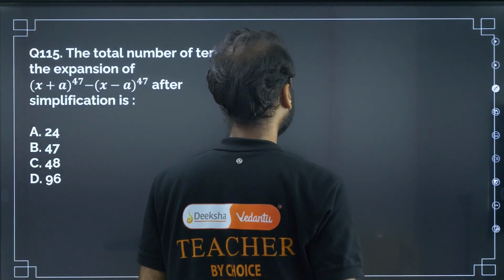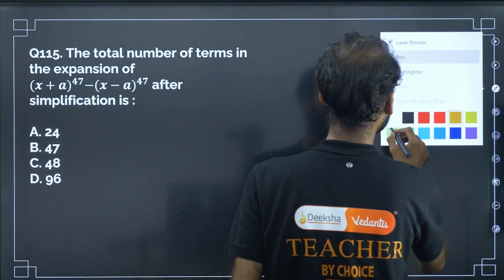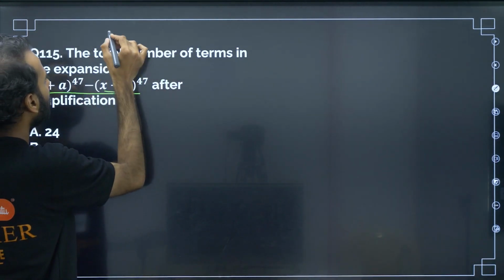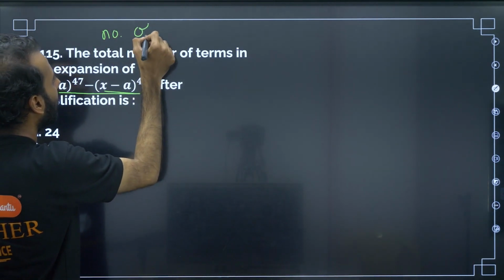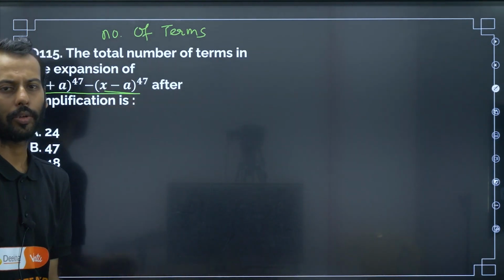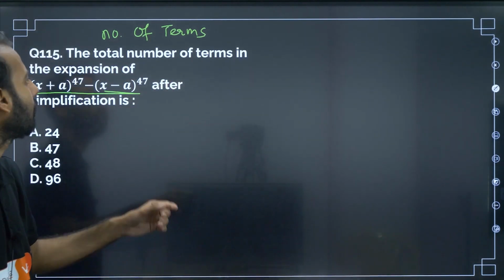The total number of terms in the expansion. In my previous lecture also, I have discussed this topic. X plus a, what is this? Number of terms. So once again I am writing this synopsis point. Fix this in your mind because it looks very important, as we discussed in previous videos also.